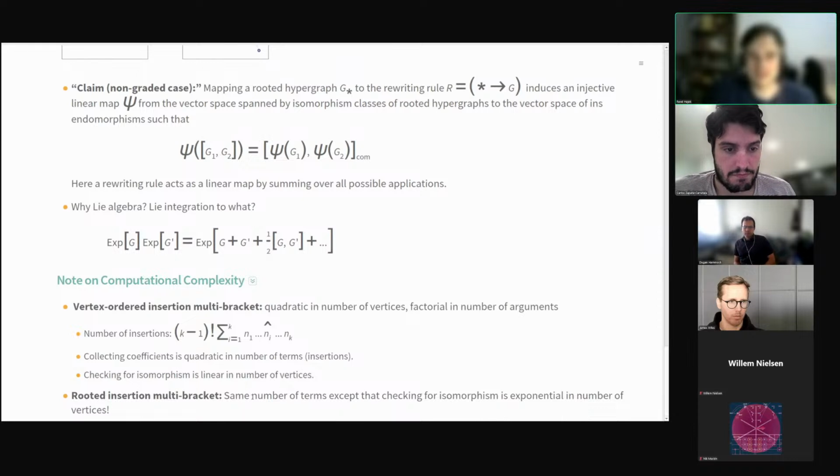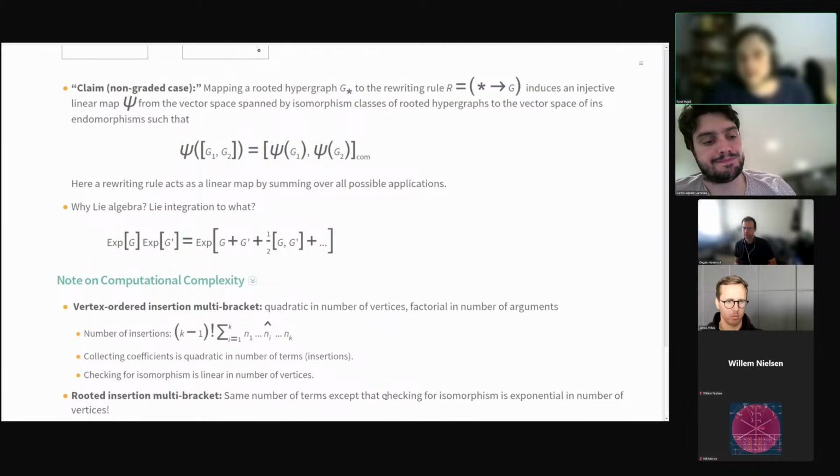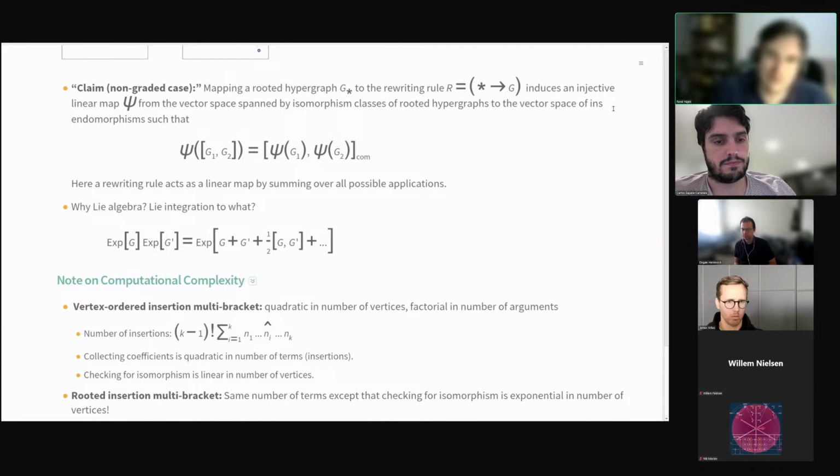This contrasts with the rooted insertion multi-bracket, up to isomorphism of rooted hypergraphs, where you have to check for real hypergraph isomorphism preserving one vertex, and this is still exponential complexity in the number of vertices. As soon as you introduce more complicated isomorphisms, you get higher complexity, of course.